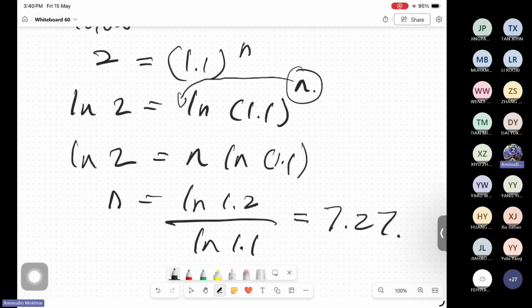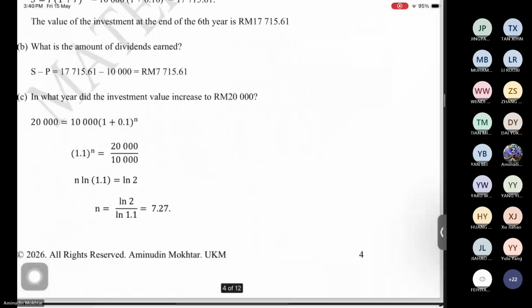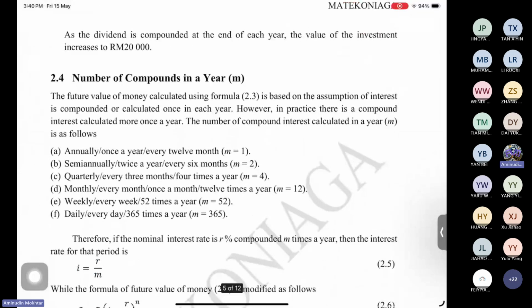Okay, the next one is about the number of compounds in a year.